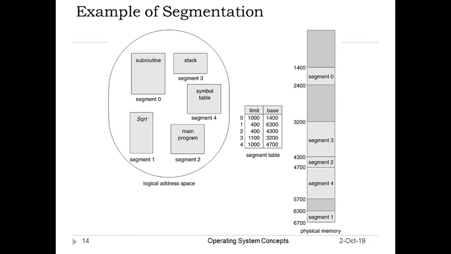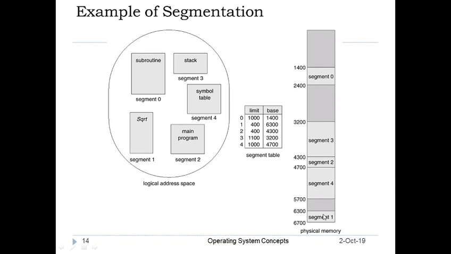So this is the space for segment 0. Like this, the third segment has a limit of 1100 bytes and base 3200, and this is the space given for segment 3.